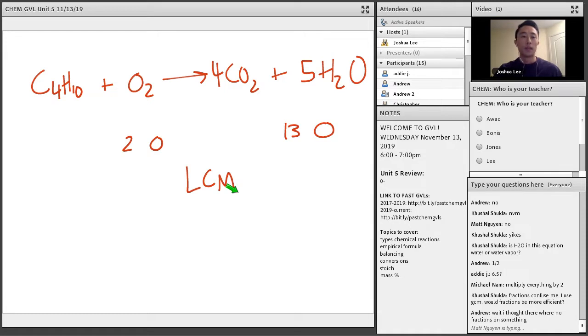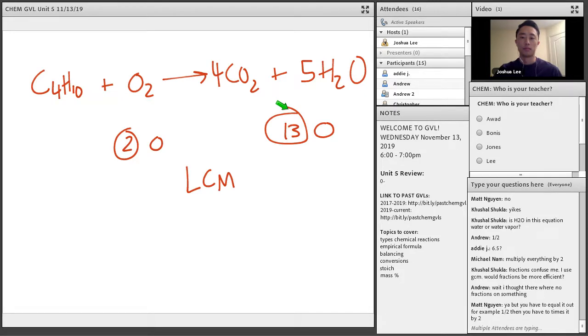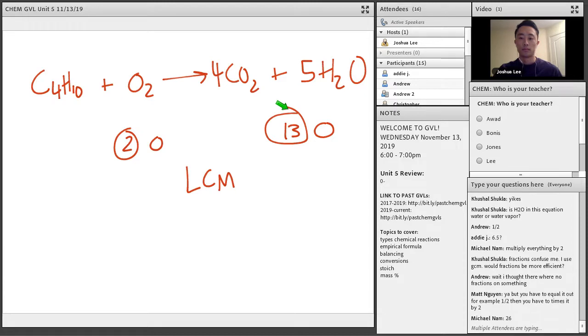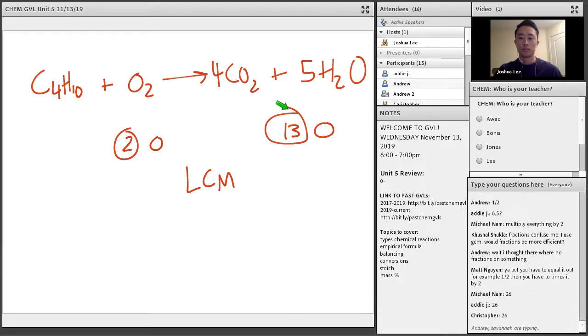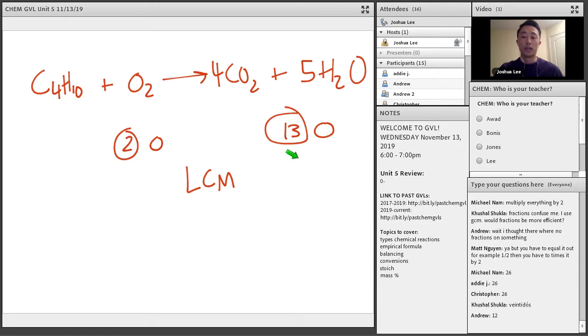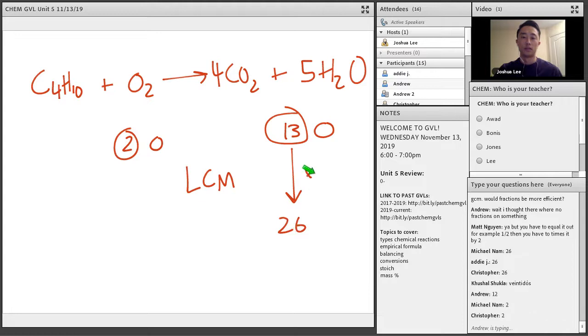What's the least common multiple between 2 and 13? 26. So how do I get 26 here? What do I have to multiply the 13 by? 2.